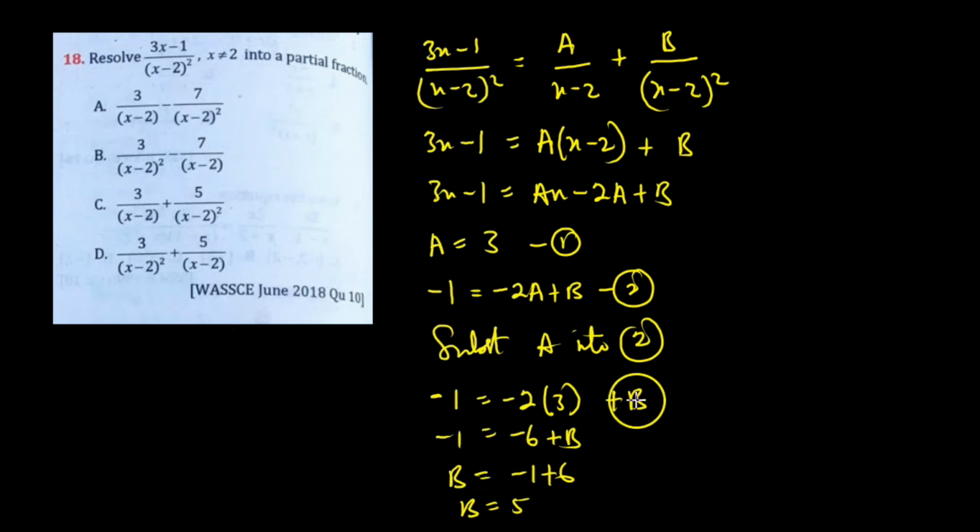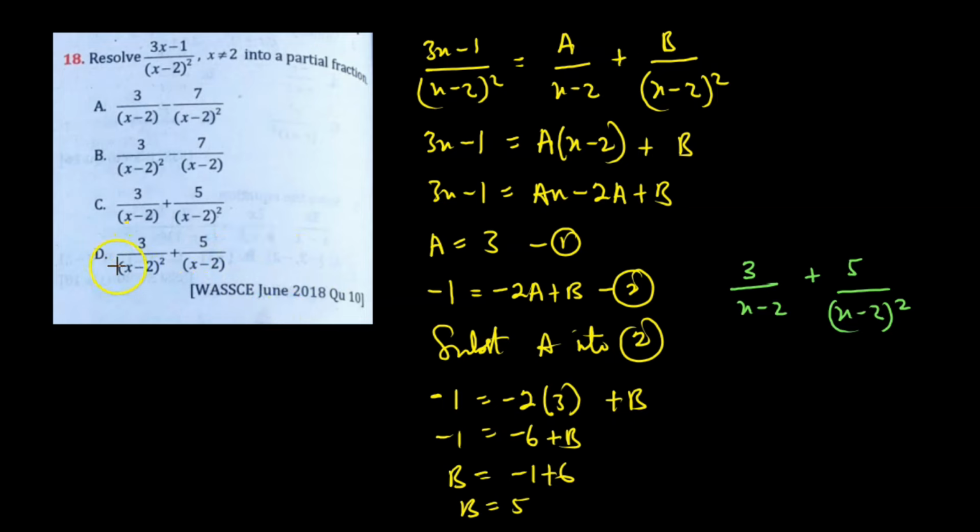So in other words, let me use the green marker to write the partial fraction. The A value we've seen is 3 on x minus 2. Then the B value is plus 5 on (x minus 2) squared. So let's go through and check which of the possible answers has this as solution.